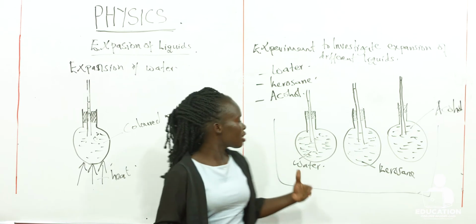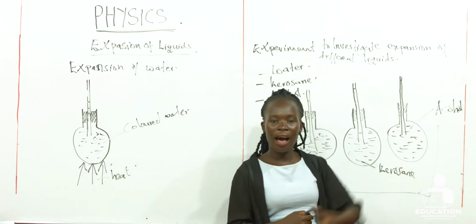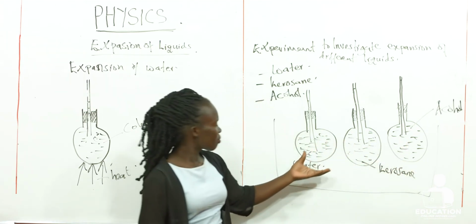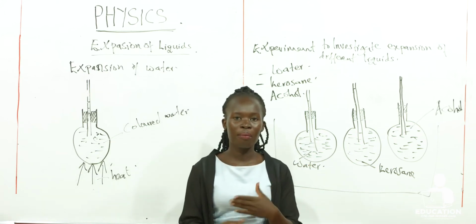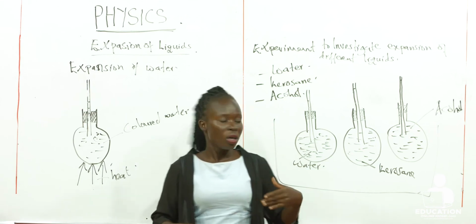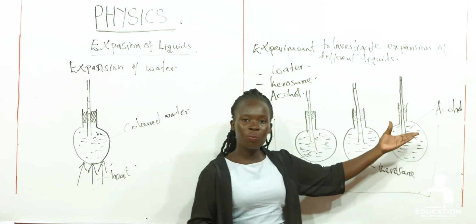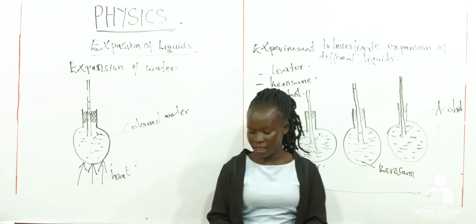So you see that instead of water in a thermometer, we use alcohol. Why? Because water expands at a rate that is not normal. This one here responds to any slight change in the temperature.